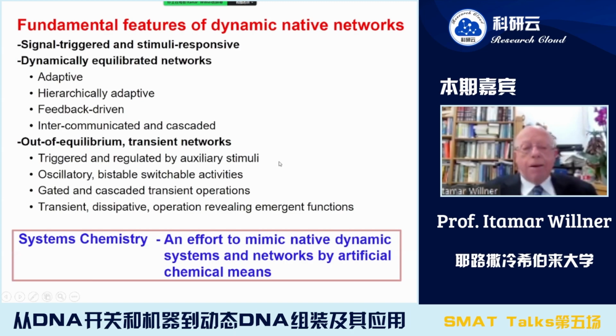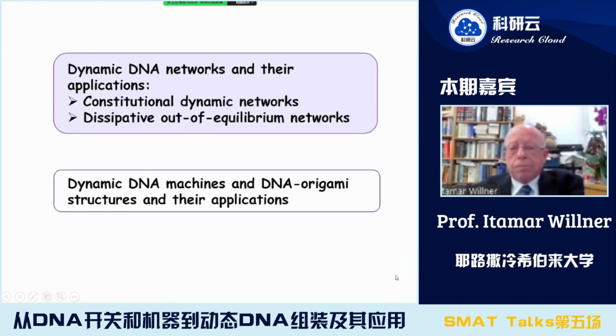In fact, these topics belong to a rapidly developing area in chemistry that is called systems chemistry. And systems chemistry represents an effort to mimic native dynamic systems and networks by artificial chemical means. During my talk, I will discuss two very basic concepts.